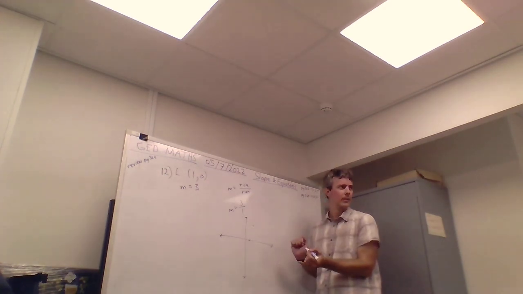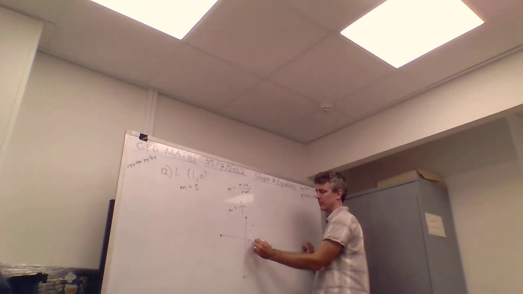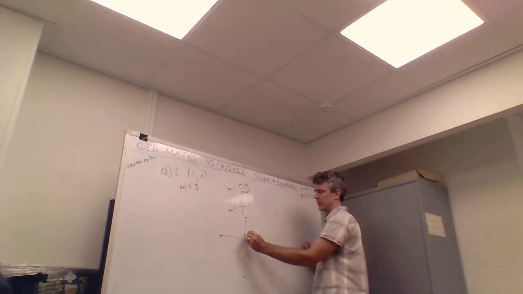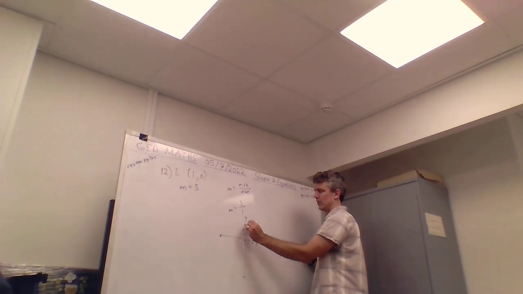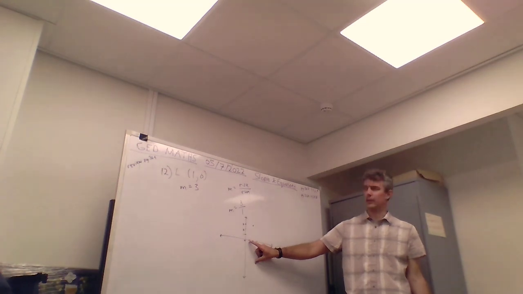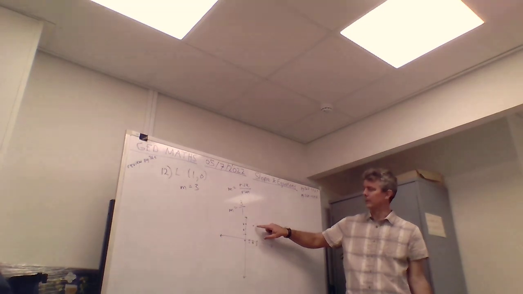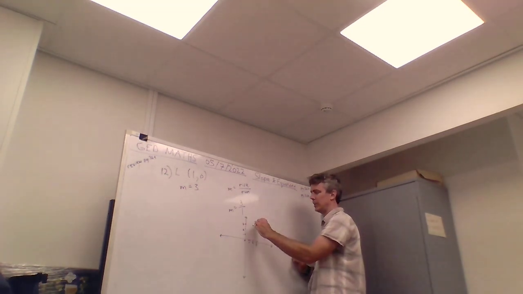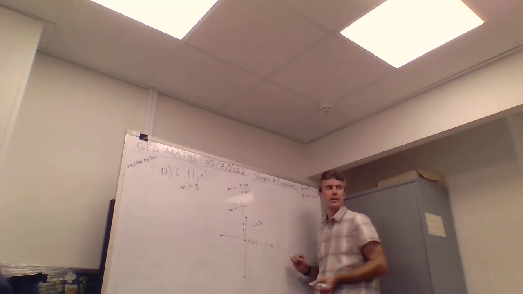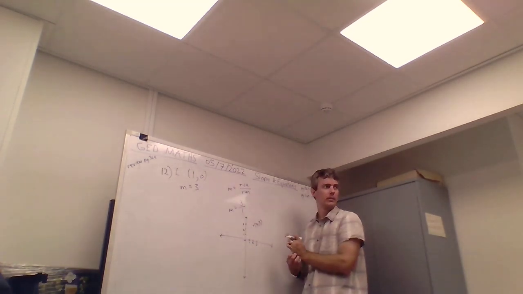X is 1, and y is 0 here. So this is 1, 0. Okay? And we know the rise is 3 for every 1 across. Right? So the next point is actually 2, 3. Right? And now we know this point, we can find the formula for it.